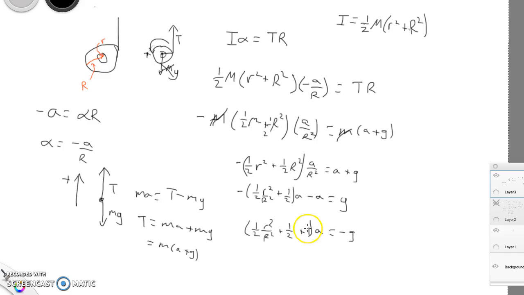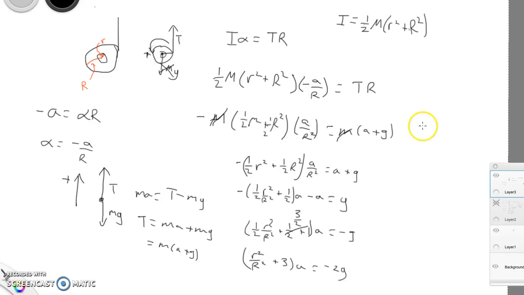1/2 plus 1 is going to be 3/2. Let's actually just multiply everything by 2. So we get r squared over big R squared plus 3 times A equals -2G.